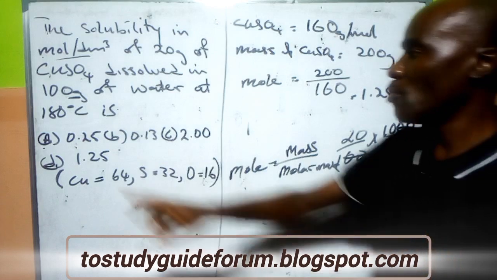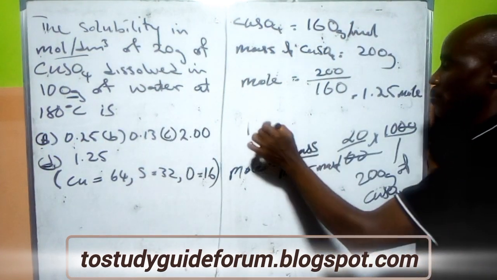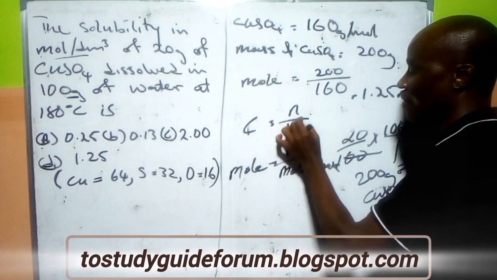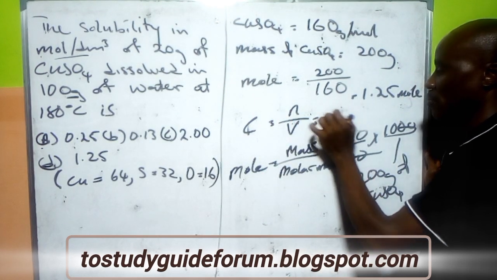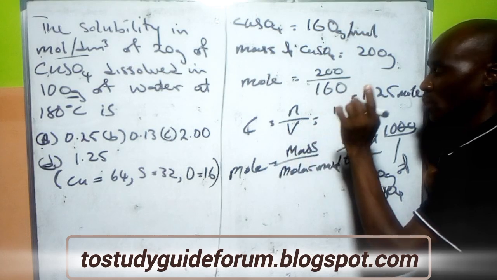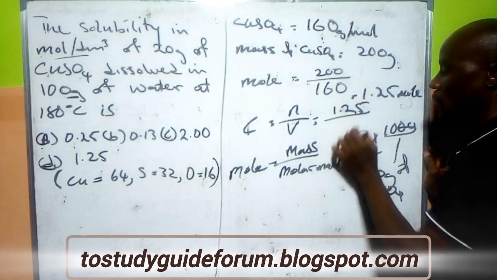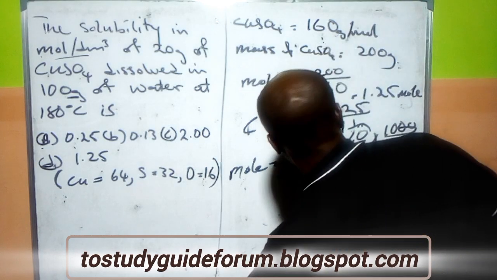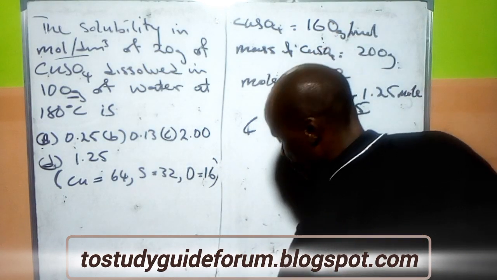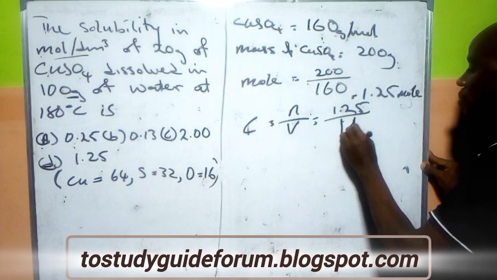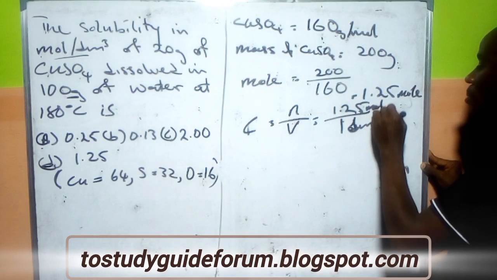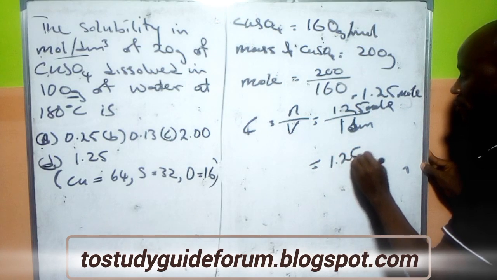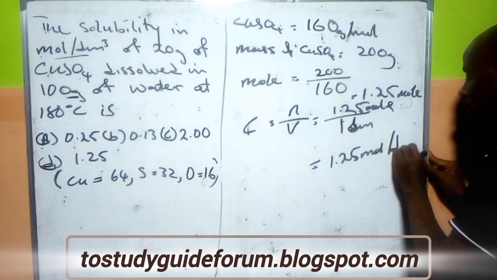So we say mole per dm cube. Remember that concentration is amount over volume. Our amount here is 1.25 mole, and our volume is 1 dm cube. So what we have at the end is 1.25 mole per dm cube.